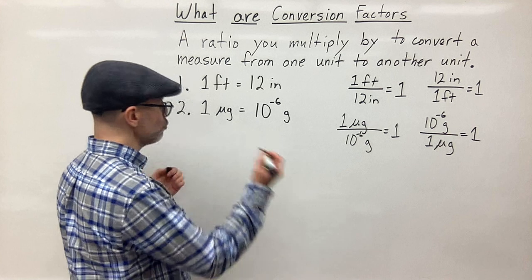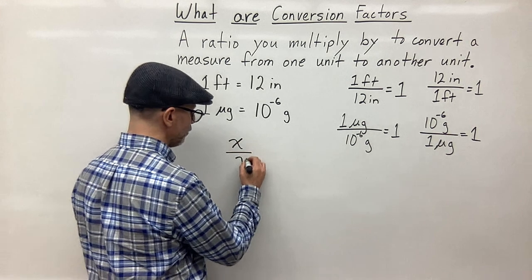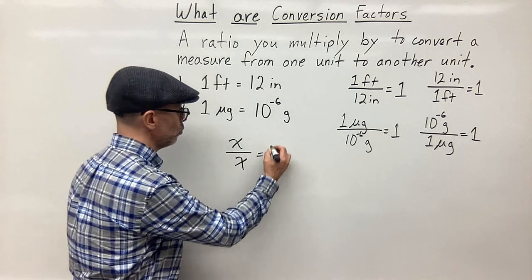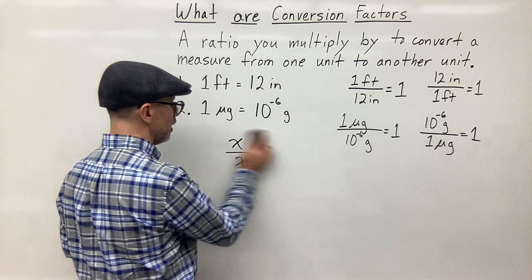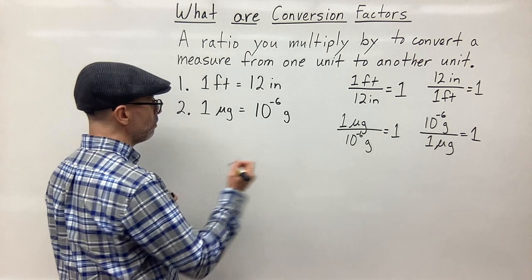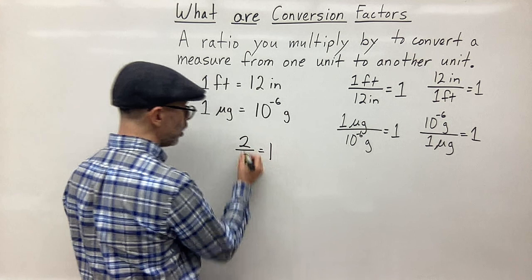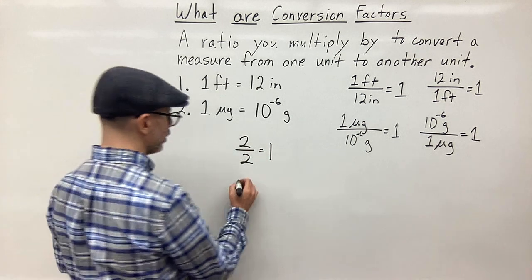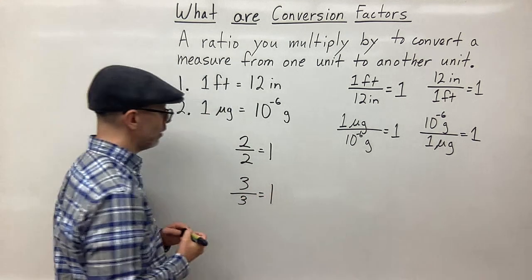So for those of you who know algebra, if I have x over x, that's going to be equal to one. They cancel out. If you prefer numbers, if I put 2 over 2, that's equal to 1. 2 is equal to 2, obviously, right? Or it could be 3 over 3. That's equal to 1, right?